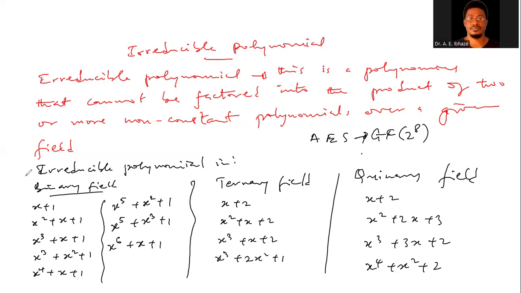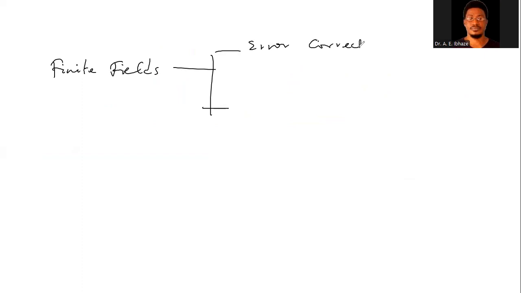So if that's what it is, it means that now that we've talked about the finite fields, what comes to mind is error correction codes. So we want to be able to use this technique to construct error correction codes.